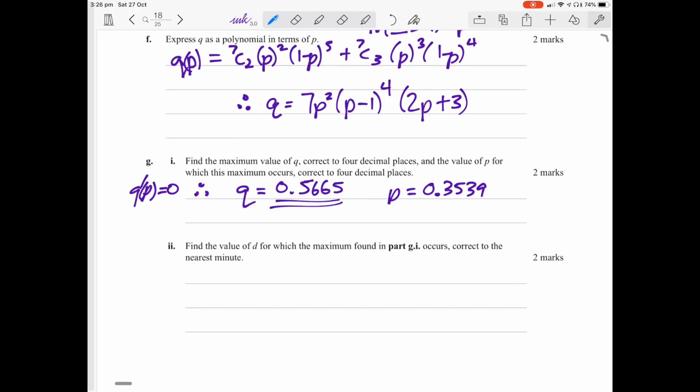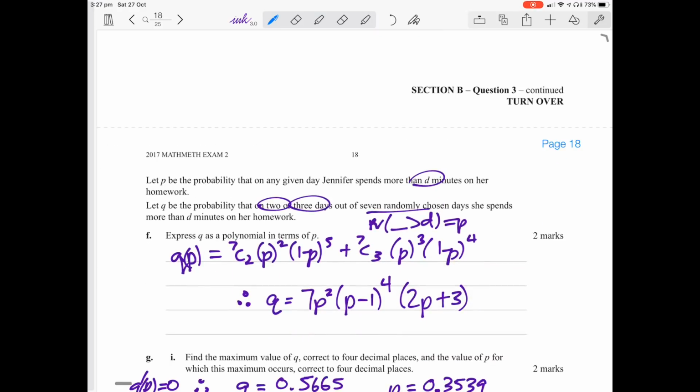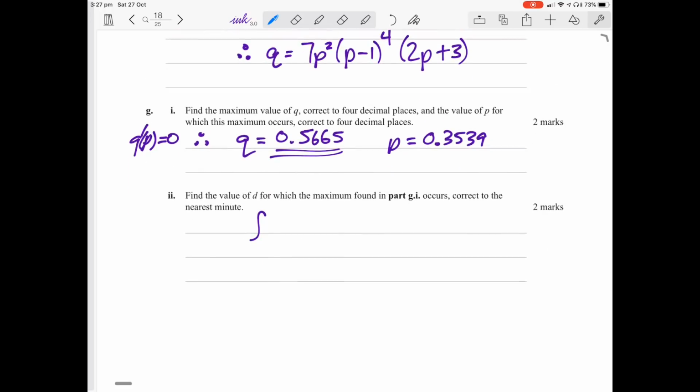So we want to go from more than D minutes on our homework, and the area is 0.3538.